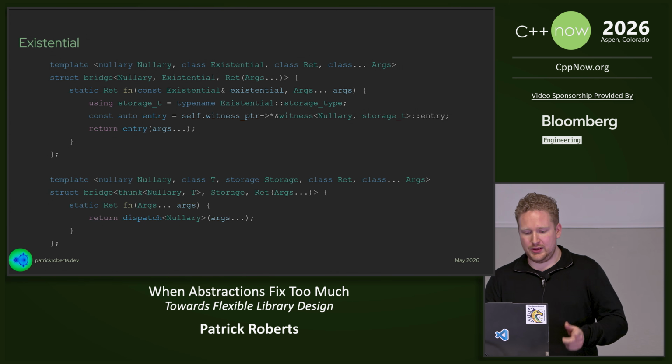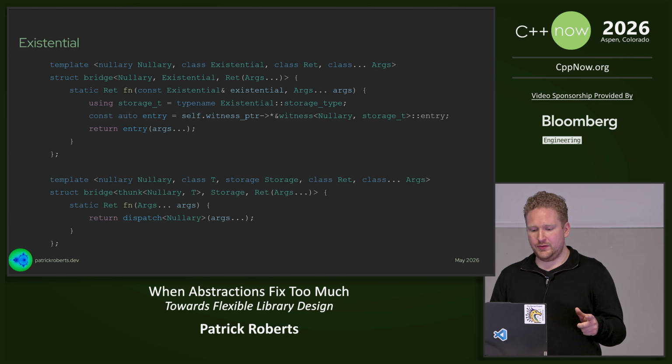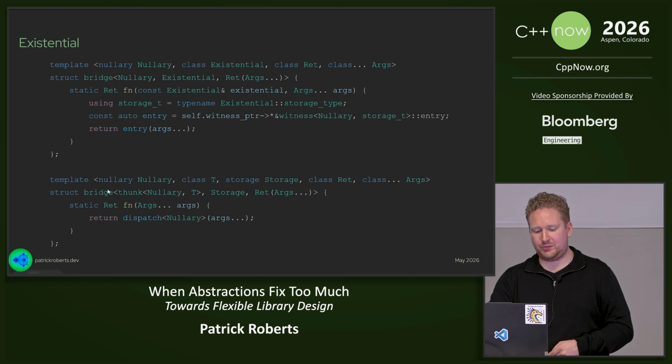Okay, yeah, so I showed how the dispatch from the existential works to the function pointer, and then the function pointer is actually an instantiation of this static function in this specialization of bridge. This one is a closure over T, so it gets the args and it dispatches to the nullary capability.